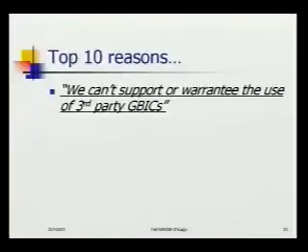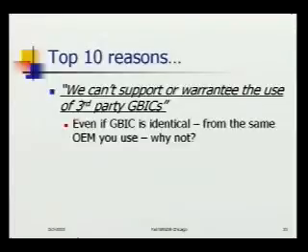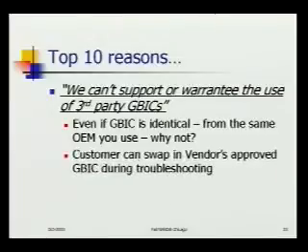Another reason is that they can't support or warranty the use of third-party GBICs. Well, even if the GBIC is identical, from the same OEM that the manufacturer uses, then I have to ask why not. And actually our lawyers agree with me on this one. But I'm not going to be difficult. I'm certainly willing to exchange the GBIC or swap it out if we have a problem.